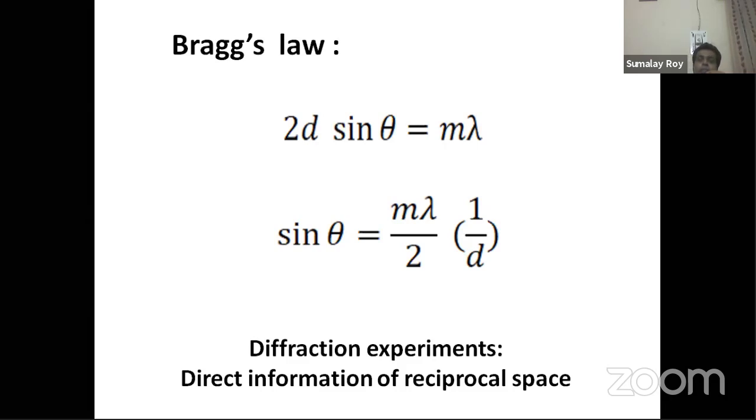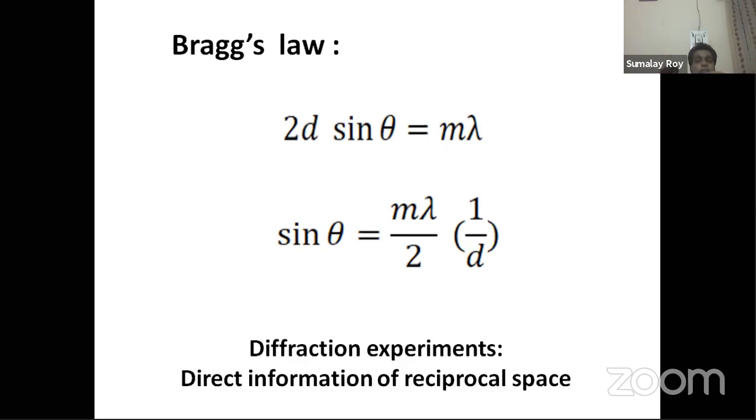And what is 1 by d? d is the distance in real space. Now 1 by d has a dimension of inverse length. That means the diffraction experiment directly gives results in inverse length. It never gives you d, it always gives you sin theta or theta. You can always find d in real space from it, but what the experiment directly gives you is 1 by d.